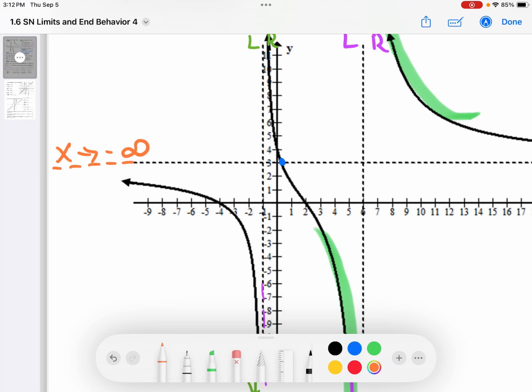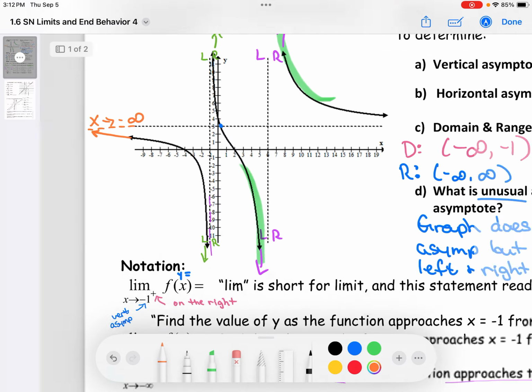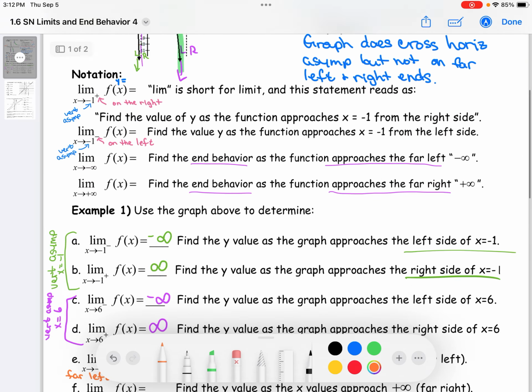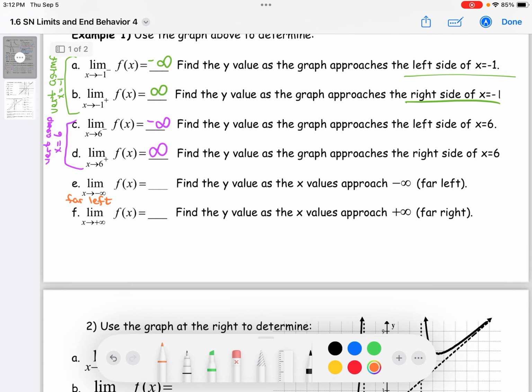We have this horizontal asymptote, so the graph is going to keep approaching that horizontal asymptote, but never touch it. So that limit as x approaches negative infinity is that horizontal asymptote, y equals 3. So that limit is 3.